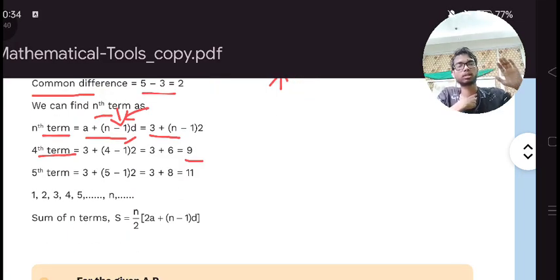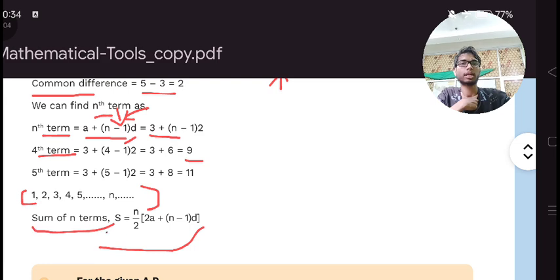It goes till infinity, and if you want the sum of n terms, n is nothing but the position of the number. To get the sum of all these numbers, just use this formula. Here S is nothing but the sum. S stands for sum. Remember, S is standing for sum.